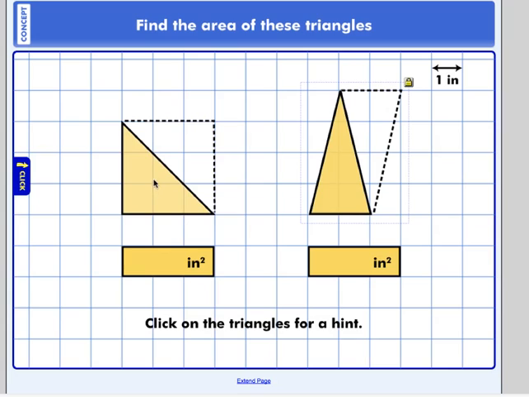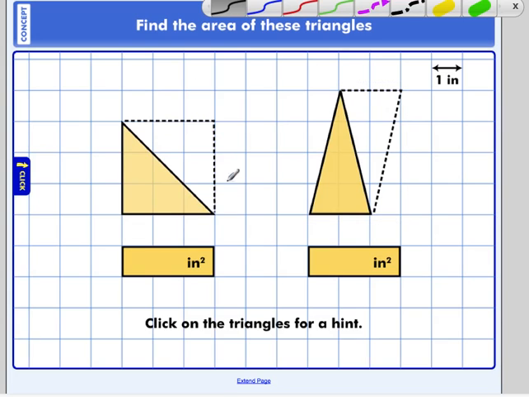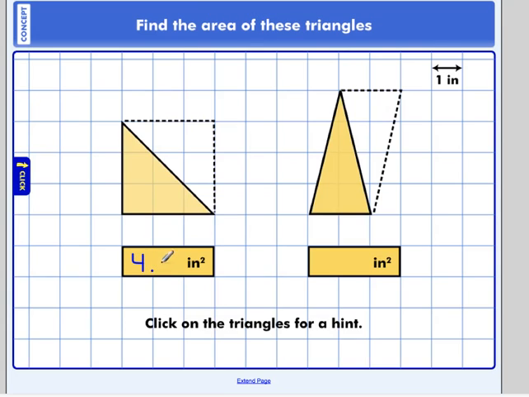But the triangle only takes up half of that. So we need to take the area of this whole rectangle and divide it by 2. Okay, we want to take half of that. So half of 9 is 4.5. So our area of this triangle here would be 4.5 inches squared.